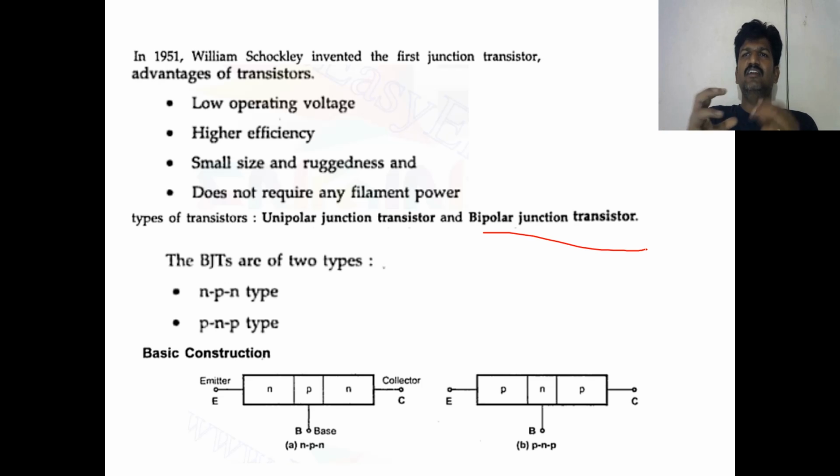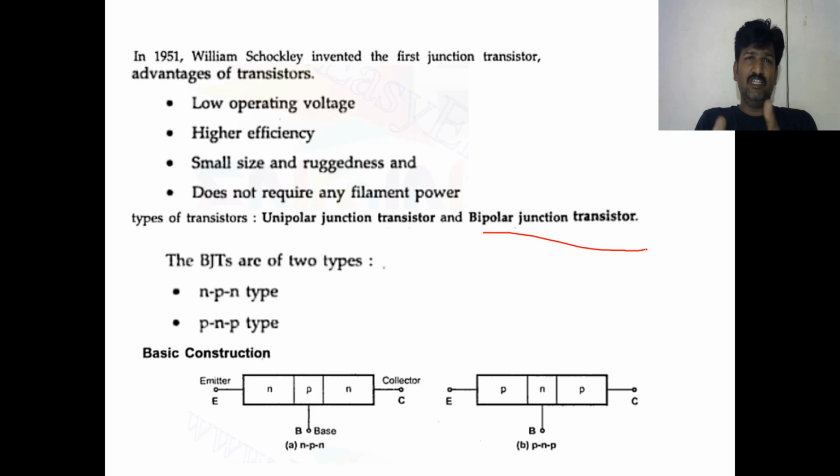In some devices electrons are the majority and holes are the minority; in some devices holes are the majority and electrons are the minority. Irrespective of which is majority and which is minority, current passes through the device due to the movement of charge carriers, whether majority or minority charge carriers.